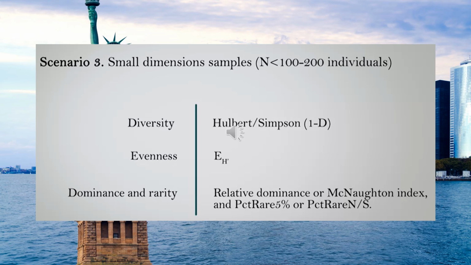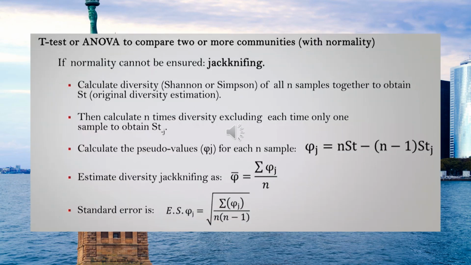Moreover, we can use statistical tests to understand if these differences between communities are more or less statistically evident. One of these tests is the t-test or the ANOVA test, to compare two or more communities in case of normal data distribution.